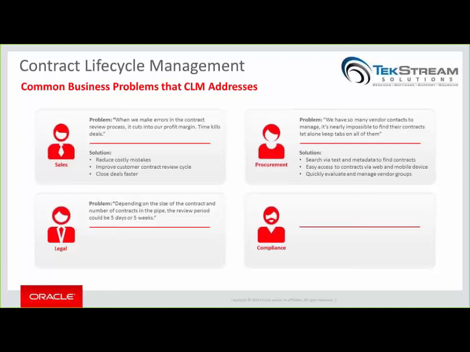So what CLM does is it provides the easiest access possible for contracts, or mechanisms for you to quickly assemble contracts and make very smart business decisions. For example, is there business value in you being able to say, I want all of my Southeast contracts that are 3 years, that are service-oriented, and assembled quickly so I can review them in 5 minutes to decide which ones we're going to be moving forward with next quarter.